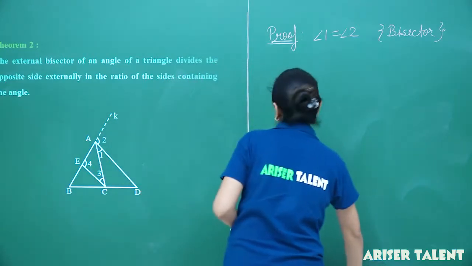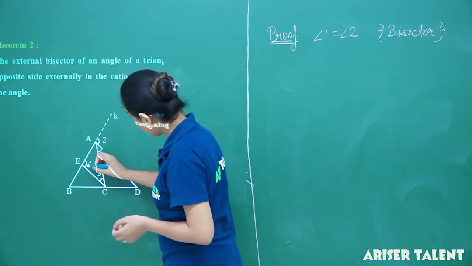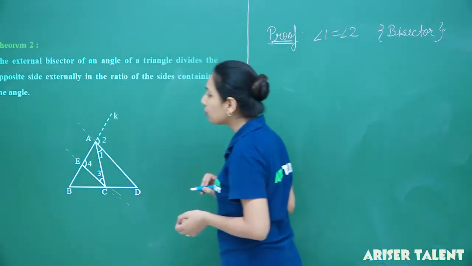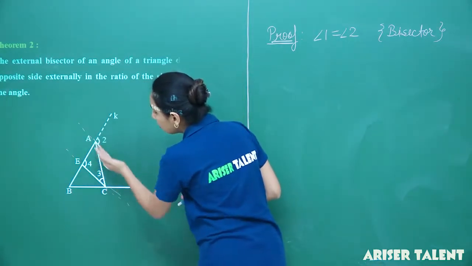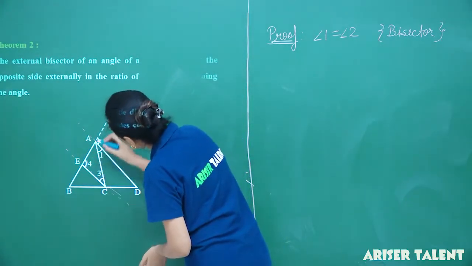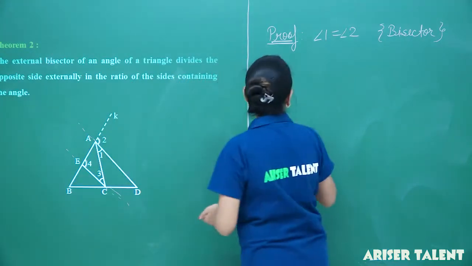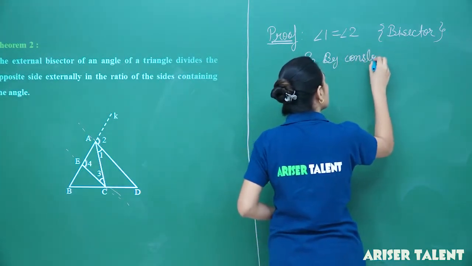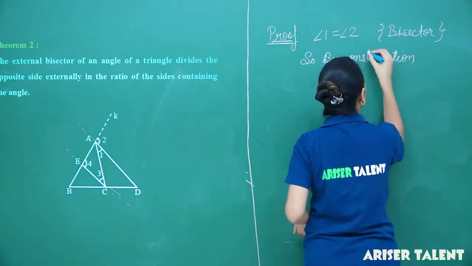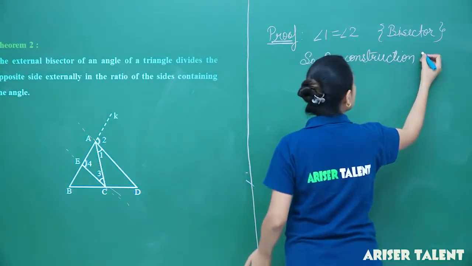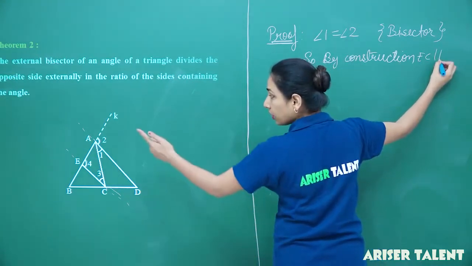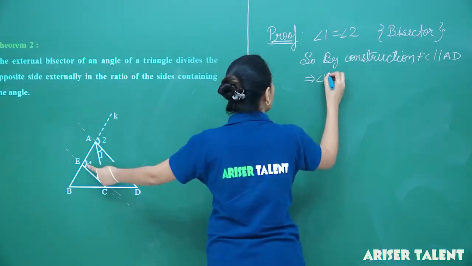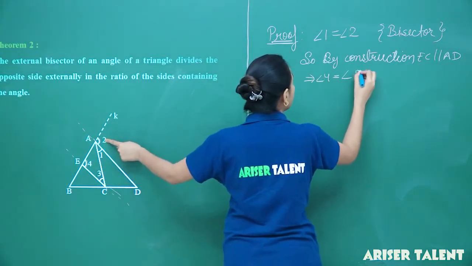So, by construction we are having this line, look, this line parallel to this line. Now, if this line is parallel to this line, you can say that angle 4 is equals to angle 2. So, by construction, EC parallel to AD implies that angle 4 is equals to angle 2.